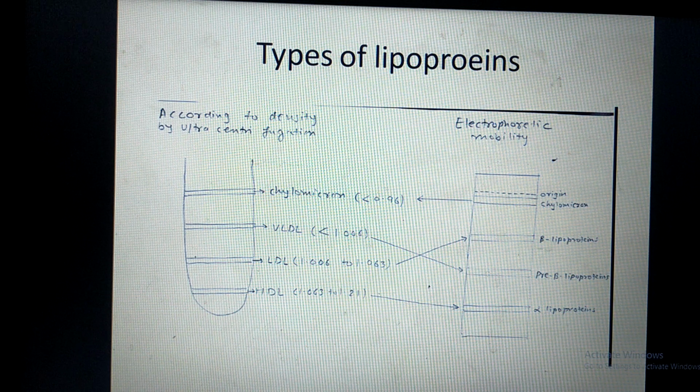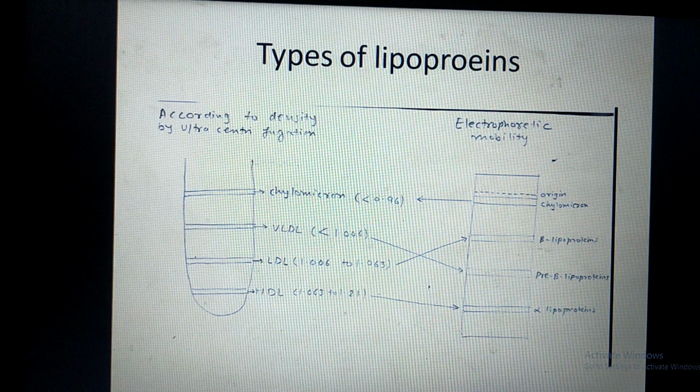The band called HDL occupies the lowest portion of the test tube because it is high density, followed by the LDL band, meaning low density lipoprotein.